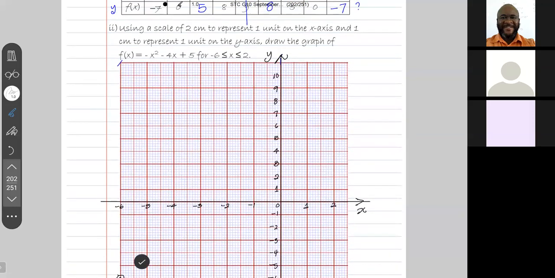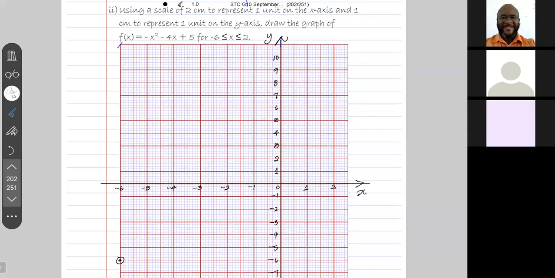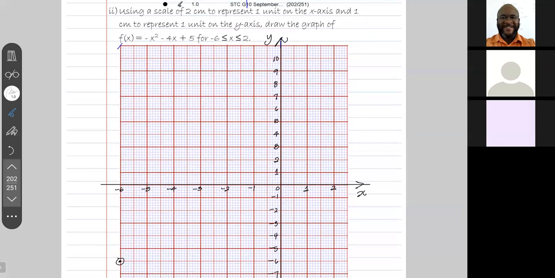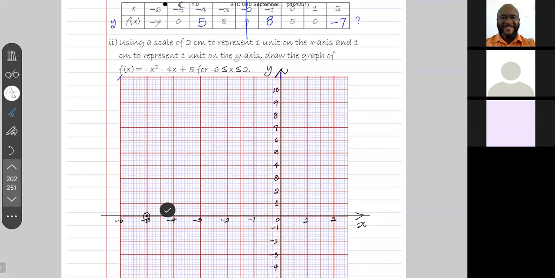-5 corresponds to 0. -4 corresponds to 5. -3 corresponds to 8. -2 corresponds to 9.